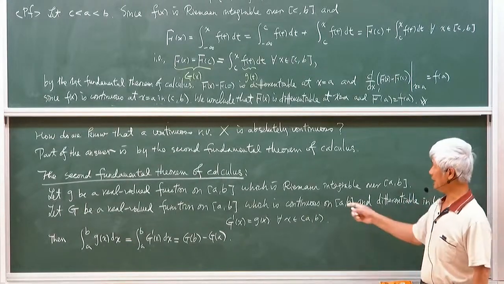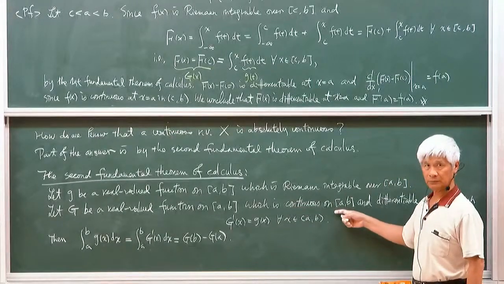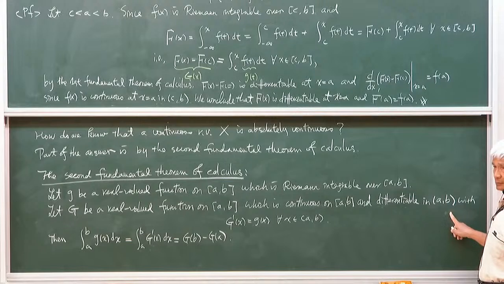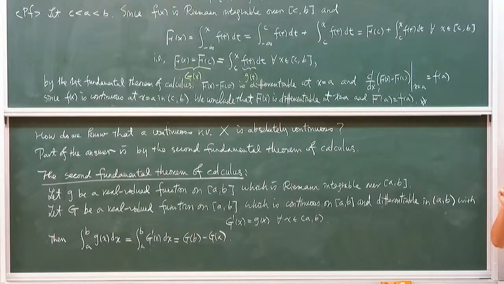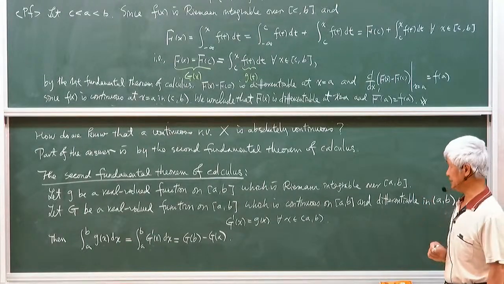We only require big G to be continuous on the closed interval and differentiable in the open interval. The differentiability here is defined by the two-sided derivatives, the usual definition of differentiation.